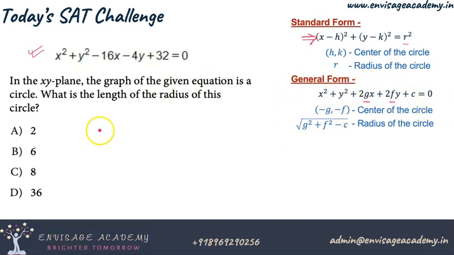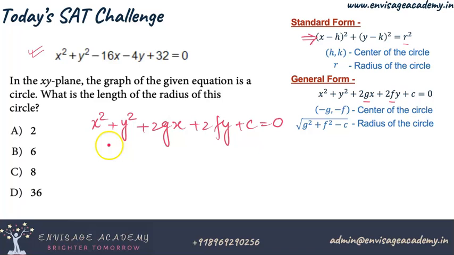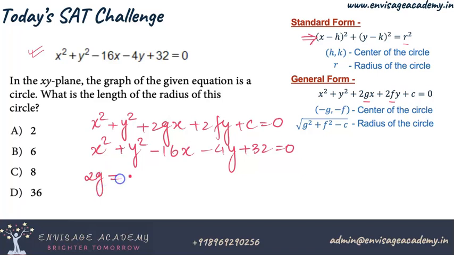Now, let's see. So, if I write x square plus y square plus 2gx plus 2fy plus c is 0, and just right below I'll be writing the given equation, minus 16x minus 4y plus 32 is 0. Now, upon comparing, what I'll be getting is that I can write 2g is equal to minus 16, 2f is equal to minus 4.